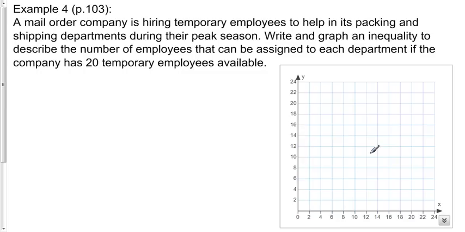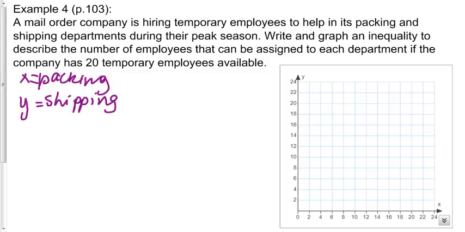Well, we can use X here to represent the number of employees for packing. So I'm just going to quickly write it down so I don't forget. X is packing employees, and let's say that Y represents the shipping employees.